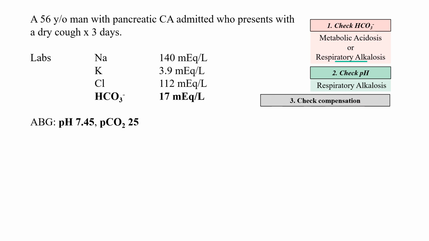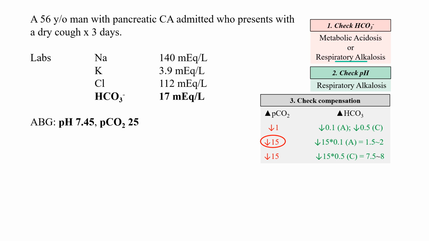Step 3. Check compensation. For acute respiratory alkalosis, every 1 drop in PCO2 would result in a drop of 0.1 in bicarbonate, and for chronic respiratory alkalosis, every 1 drop in PCO2 would result in a drop of 0.5 in bicarbonate. Since PCO2 drops from the normal 40 to 25, or a total drop of 15.